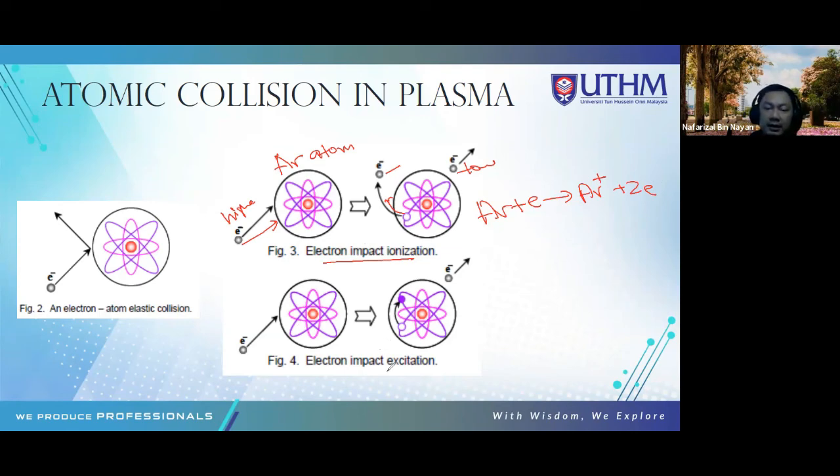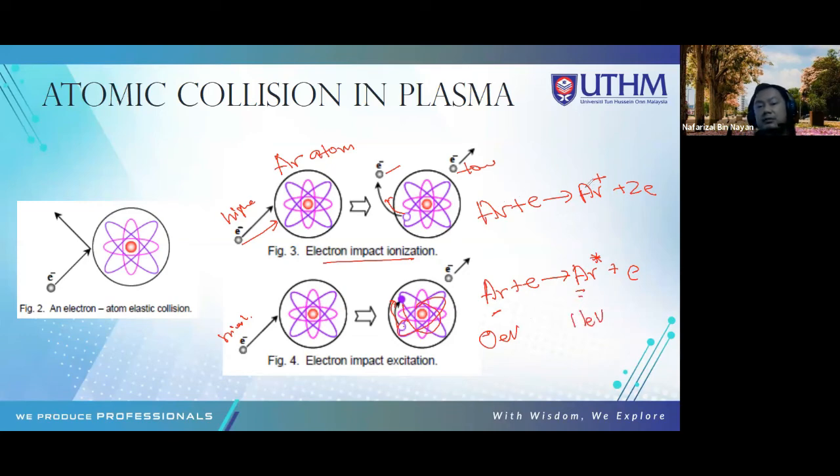And we can also have electron impact excitation. Where the high energy electron hits it, what will happen is the electron inside the orbital of the atom will jump to a higher orbital level. So argon atom hit by the high energy electron becomes argon excited state plus the electron. Maybe this one is the ground state. Ground state is 0 eV. Maybe the excited state is like 11 eV.